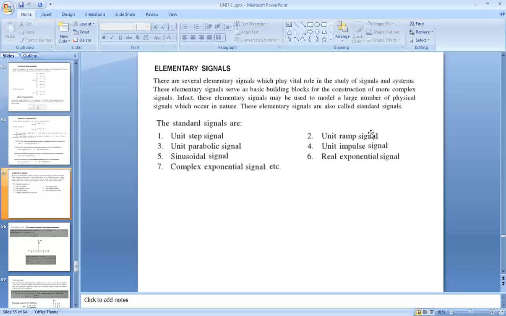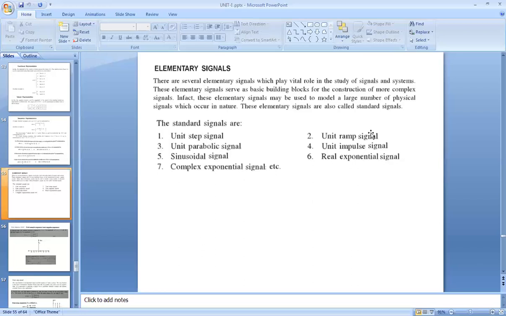They are also called standard test signals. Seven examples are given: first is the unit step signal, second is the unit ramp signal, third is the unit parabolic signal, fourth is the unit impulse signal, fifth is the sinusoidal signal, sixth is the real exponential signal, and seventh is the complex exponential signal.